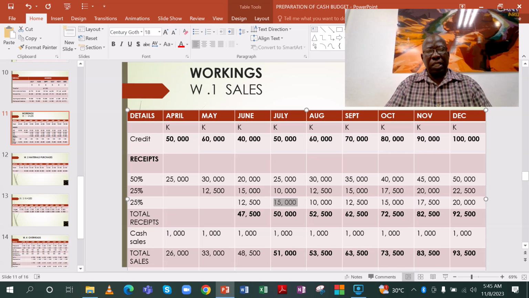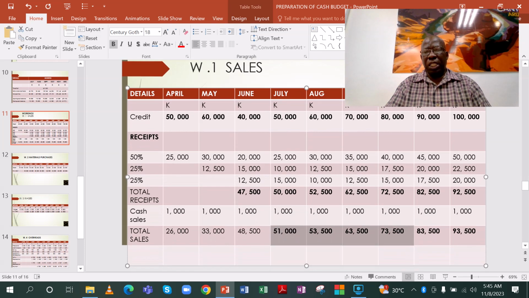Since our budget is for 6 months ending 31st December 2023, we are only bothered with July, August, September, October, November, and December. That is what is relevant for this particular calculation. So we're going to pick 51,000, 53,000, and 63,500, 73,000 through to 93,500.